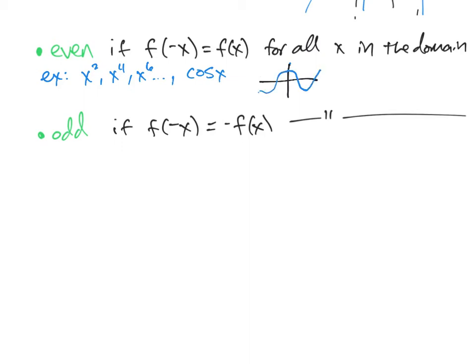So you can see that that's symmetric around the y-axis. And if you plug in a negative x, you get the same thing that you get on the other side. And same thing for any of our even powers of x. Those are all going to look like parabolas, basically. So the same thing.